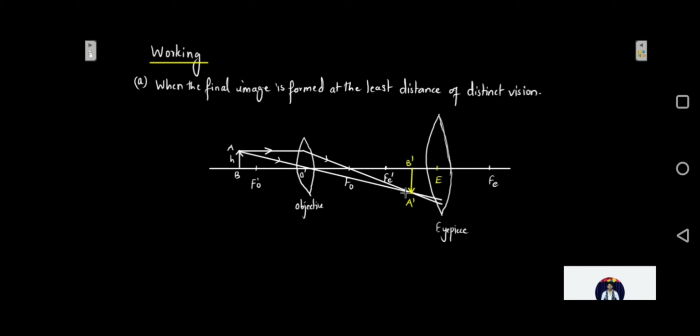So the ray is going to go like this, okay, and another ray. So it is going to be a virtual image, which is going to be magnified. It is going to be something like this.